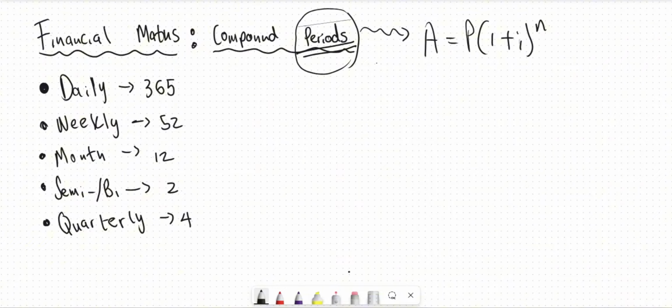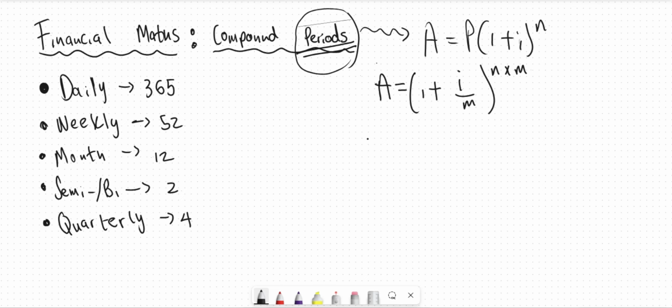So these are the rates. And what does it mean? It means we're going to take the same formula that we are working with, but we need to remember to divide the I by the compounding rate and multiply the N by the compounding rate.